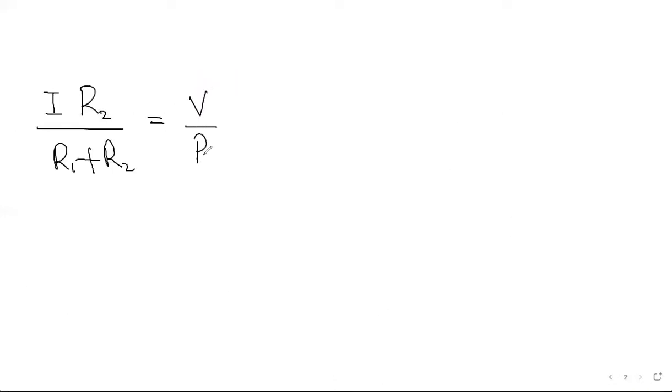If you recall from Ohm's law, V over R1 should be I1, because V equals IR. So the current that flows through this will be I1.